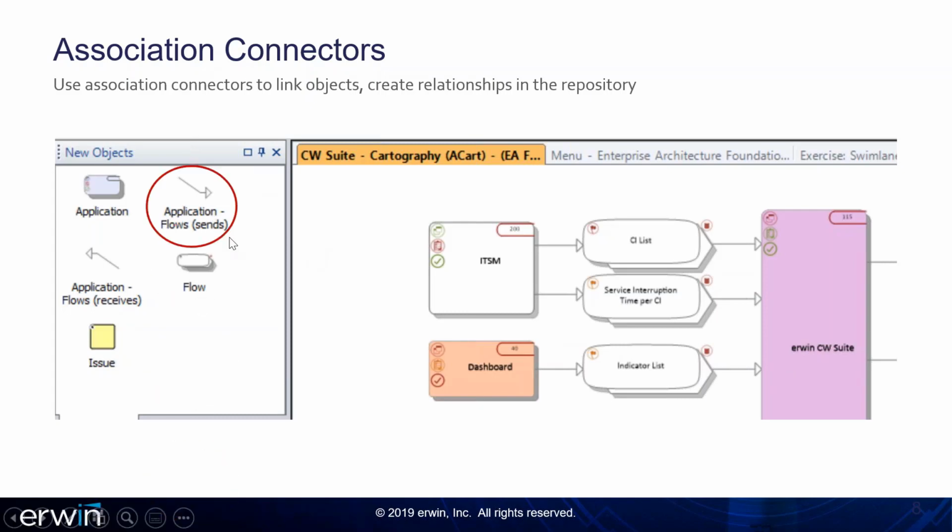So you can see right here, this application flow sends line is actually the association between ITSM and CI list and service interruption time per CI, etc. So these are application flow where it sends, and then the other one, the application flow is received by the application.